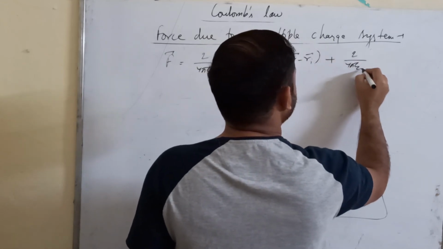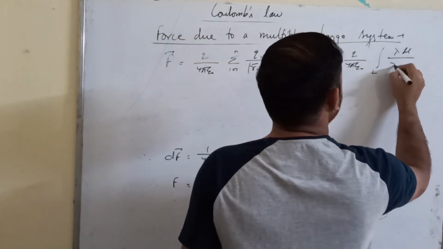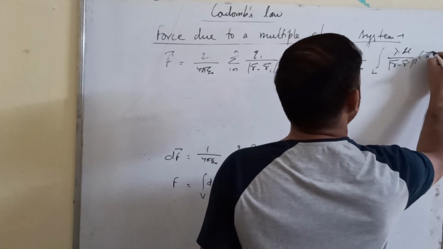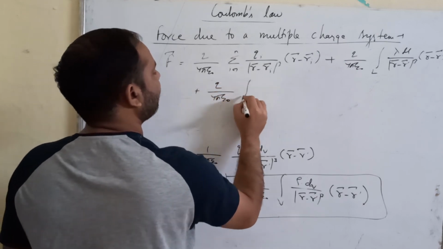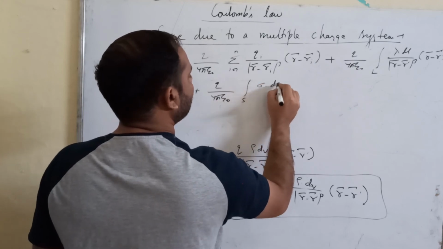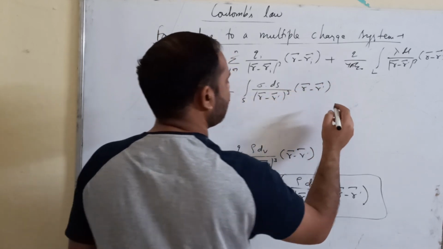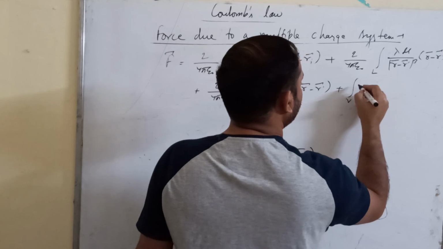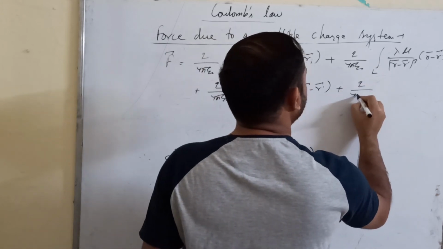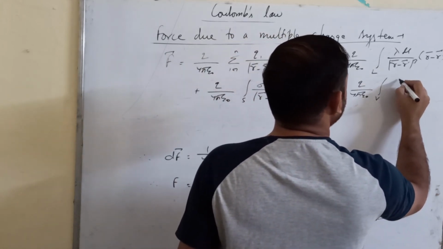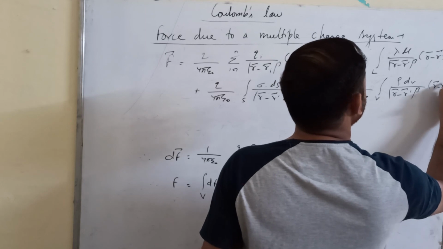Q upon 4 pi epsilon naught, line integral of lambda dl upon |r vector minus r dash vector| whole cube into (r vector minus r dash vector), plus Q upon 4 pi epsilon naught, surface integral of sigma ds upon |r vector minus r dash vector| whole cube into (r vector minus r dash vector), plus over the volume, Q upon 4 pi epsilon naught, over the whole volume rho dv upon |r vector minus r dash vector| whole cube into (r vector minus r dash vector).